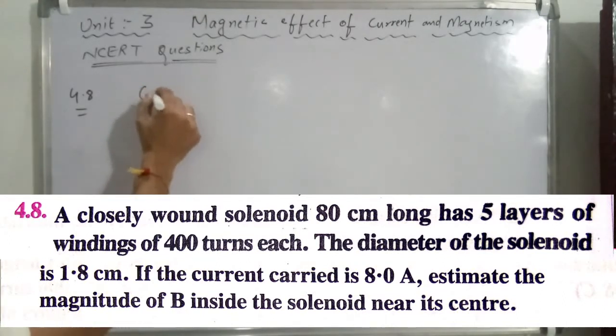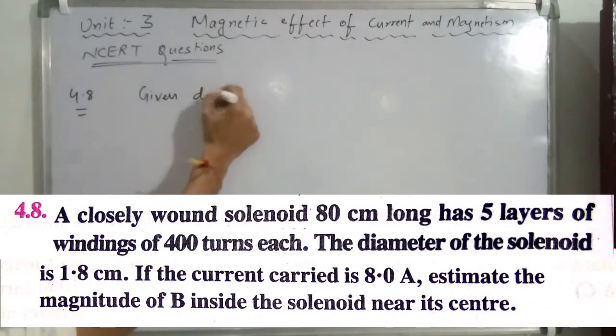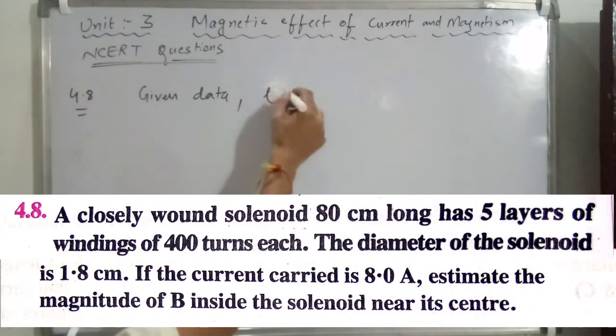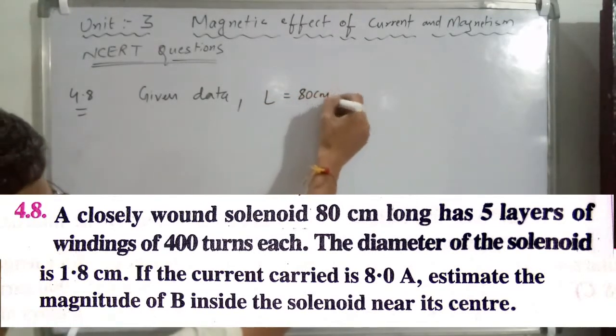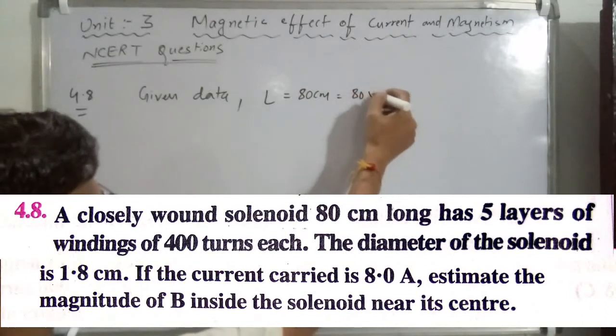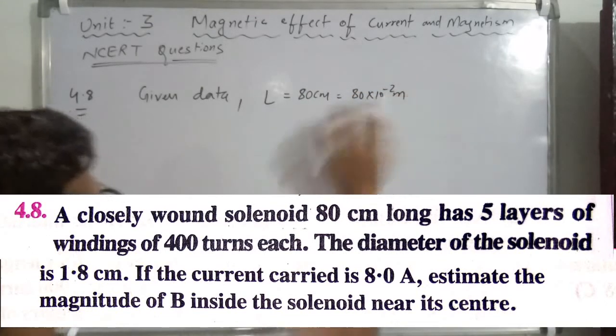Given is the length of the solenoid, which is L. You can write small l or capital L, that is the length of the solenoid, which is 80 centimeter. You can change it to 80 into 10 raised to minus 2 meter.